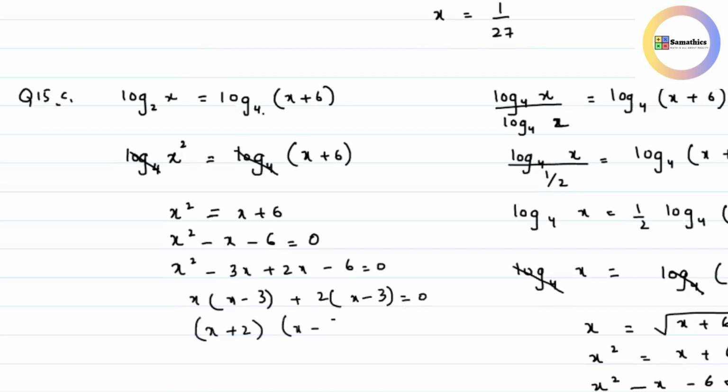So x is equal to minus 2 and x is equal to 3. Now, when you take x is equal to minus 2, that value is to be rejected because we cannot have a negative value here, right? But x is equal to 3 is to be accepted because log 2 of 3 is possible. So the value minus 2 is to be rejected.